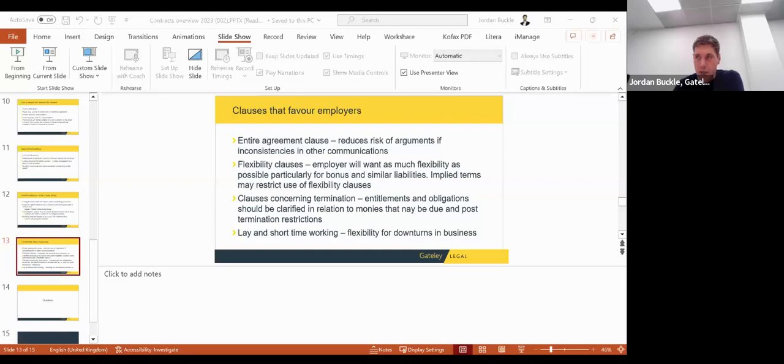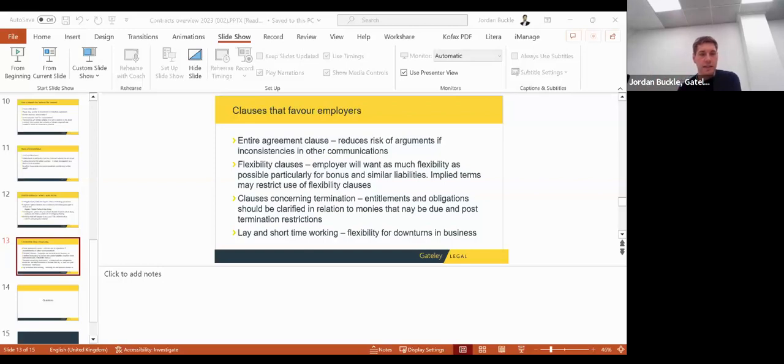So, you will often see in employee handbooks, the big optional extras where they'll have all the different types of policies and procedures, it will often say in there that to the extent that the handbook is inconsistent with the contract, the contract will take precedence.